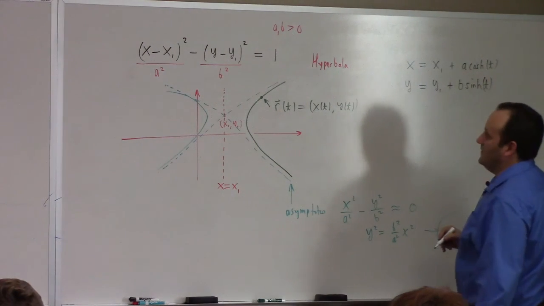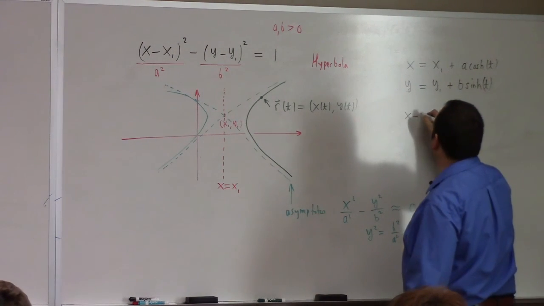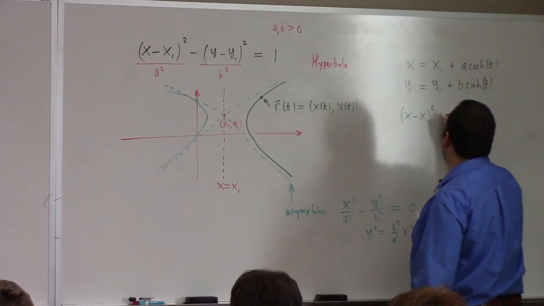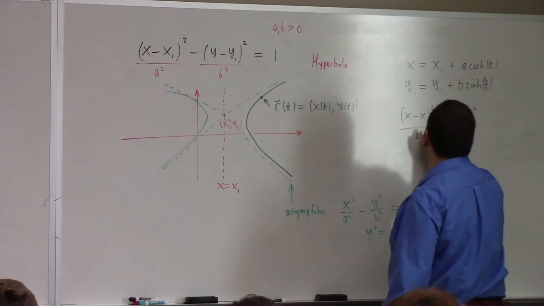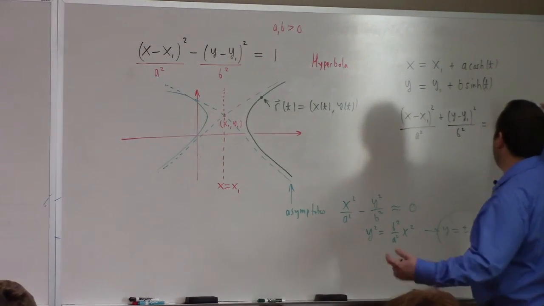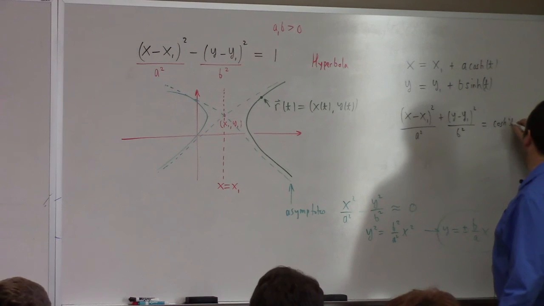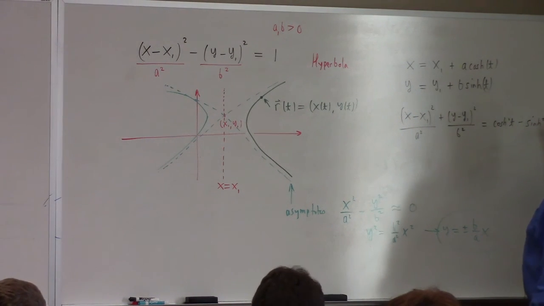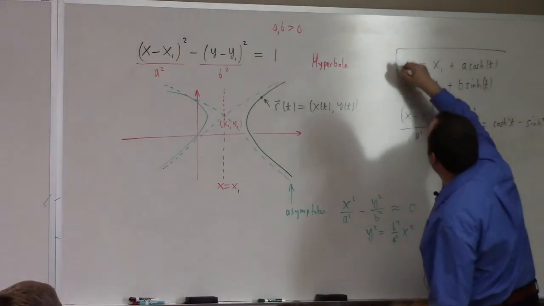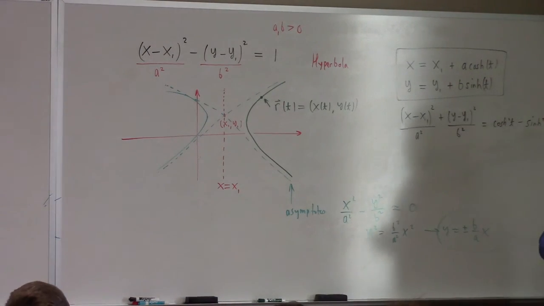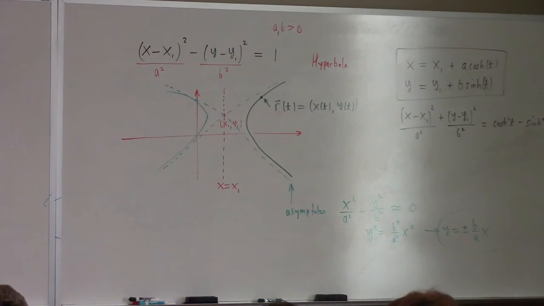You can calculate (x minus x1) squared over a squared minus (y minus y1) squared over b squared. What's that give us? That gives us cosh squared minus sinh squared, but that's exactly 1. So that proves that these are the parametric formulas. These give you a parameterization of the right branch of the hyperbola.